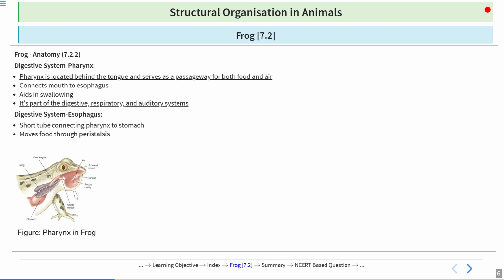When the food is moving towards the esophagus, at that time the part attached to the lung gets closed, so that food does not go to the lung region, right? So the food passes to the esophagus and later on reaches the stomach. So this is the pharynx that you see in the case of the frog.